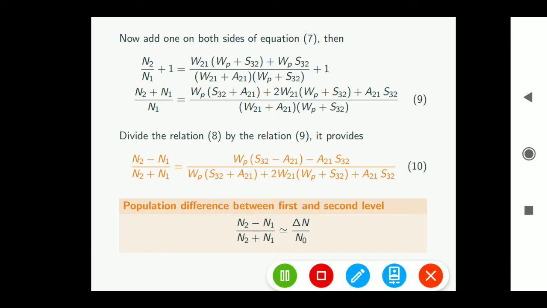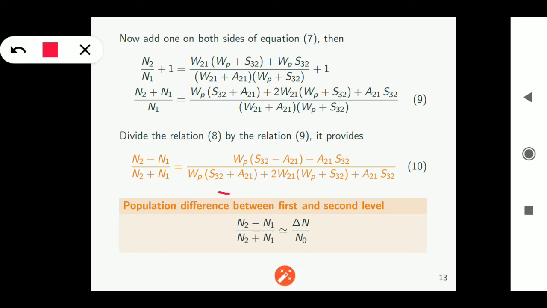Now keep this equation 10 in your mind, especially the numerator, because we are going to use it. The numerator contains Wp times S32 minus A31 minus A21 S32. The population inversion condition requires that the difference between N2 and N1 should be more than 0.